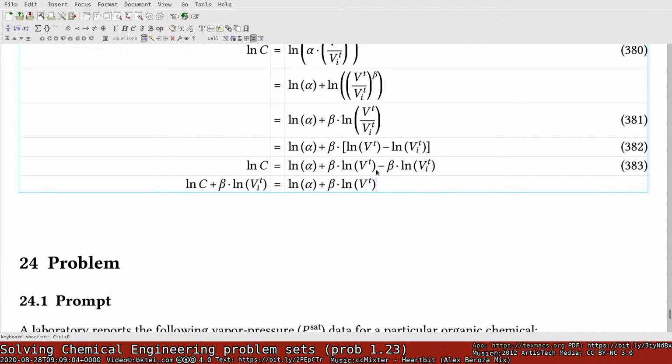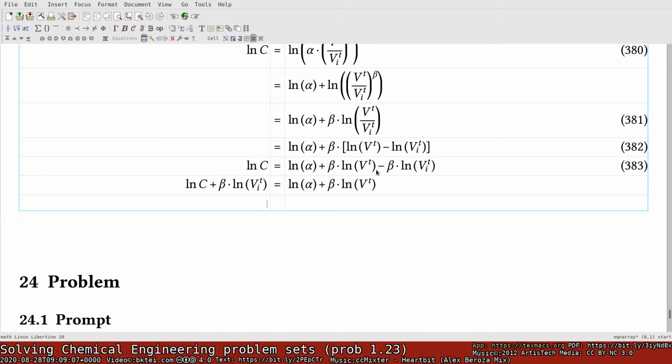We can then change this one so that the beta is back inside.